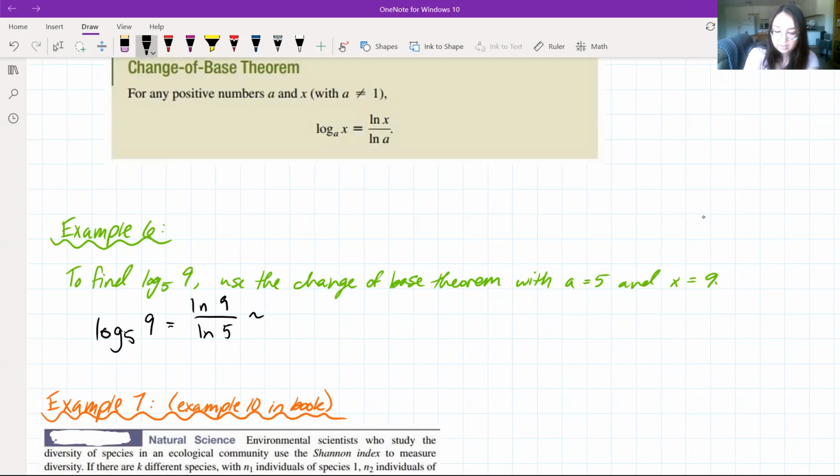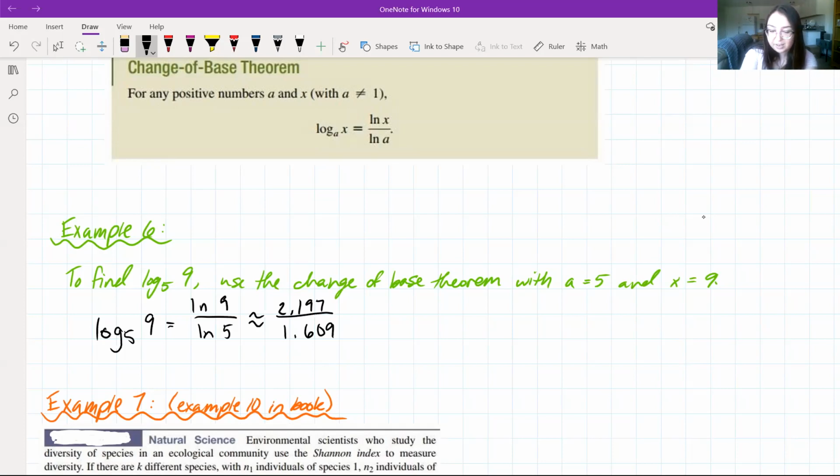And now we get to use a calculator because we want to find out what the natural log of 9 is, and we want to find out what the natural log of 5 is. And if we use our calculator, we know that our natural log of 9 is going to be about 2.197, and our natural log of 5 is going to be about 1.609.